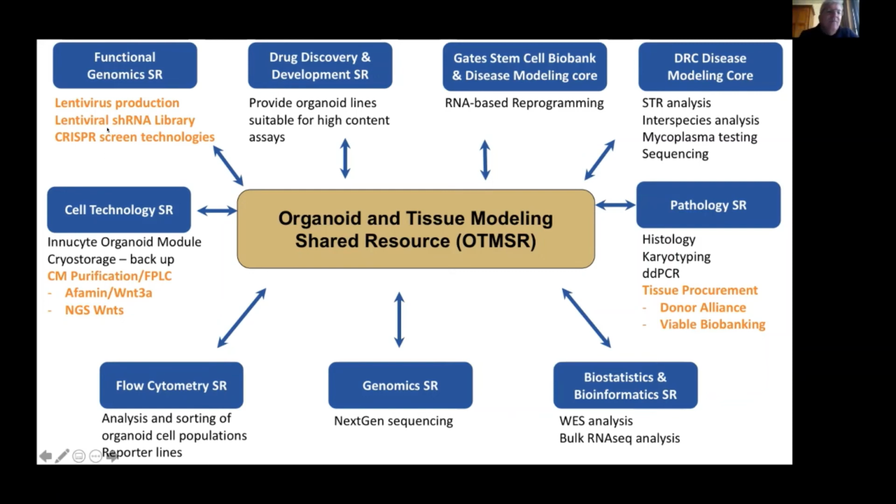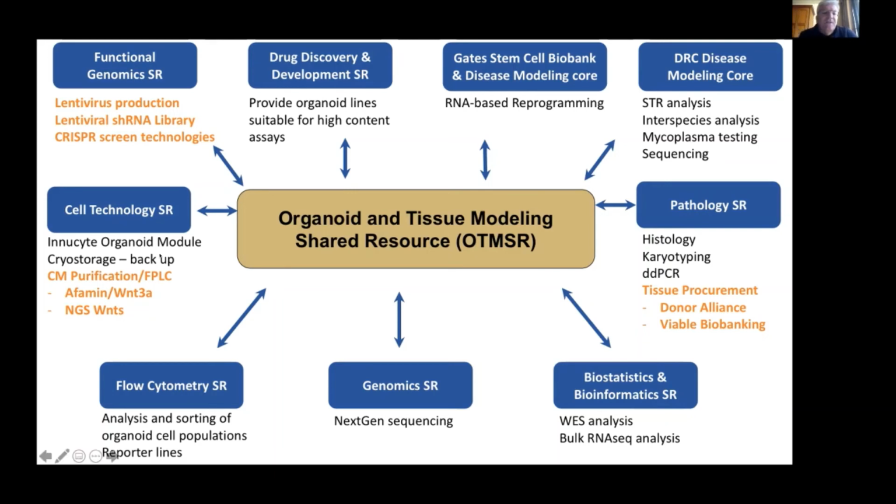And I'll move up to functional genomics. We haven't really been integrated with functional genomics as yet, but lentiviral production, lentiviral shRNA libraries, we're starting to use these in mouse systems, mouse organoid systems, but obviously CRISPR screening in organoid systems, I think, is a future direction that we'd like to integrate.